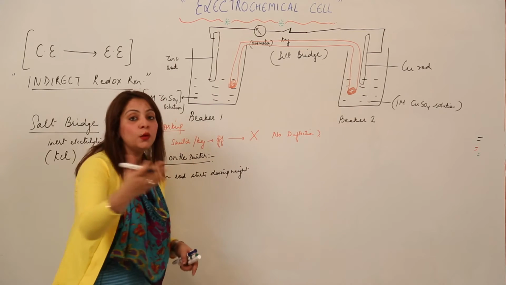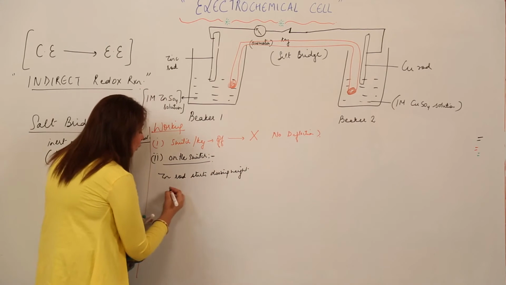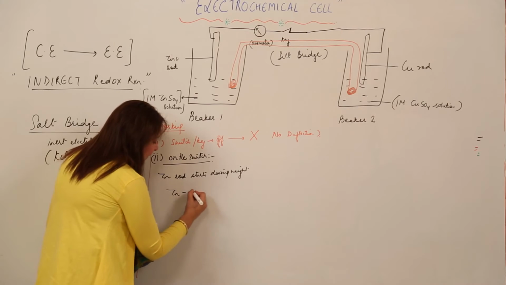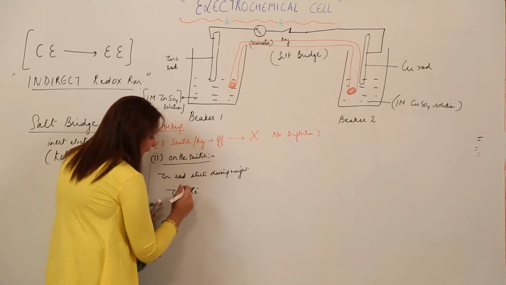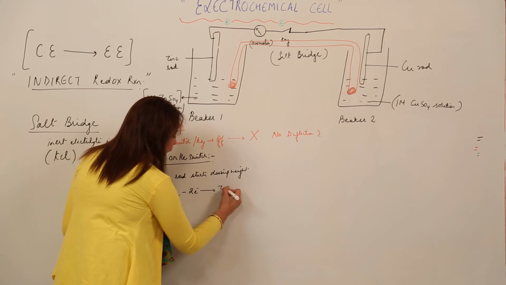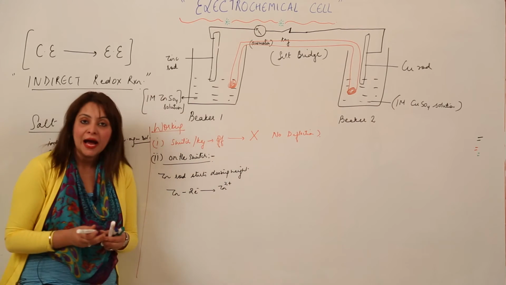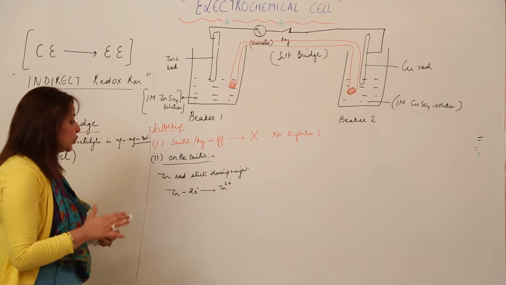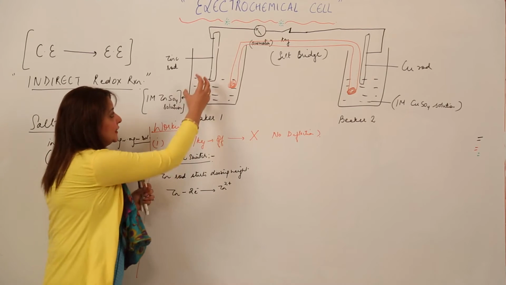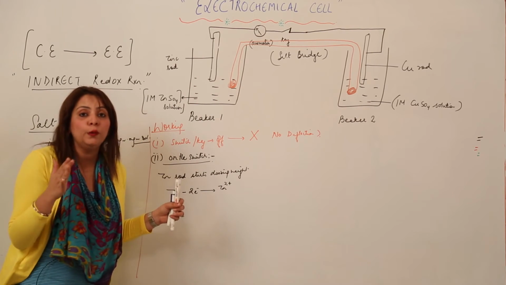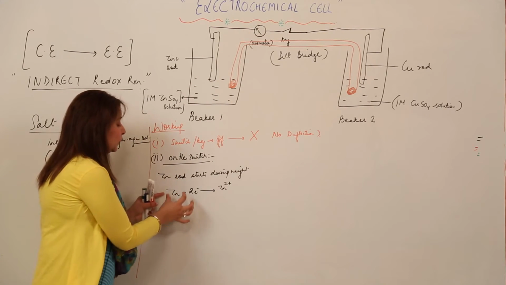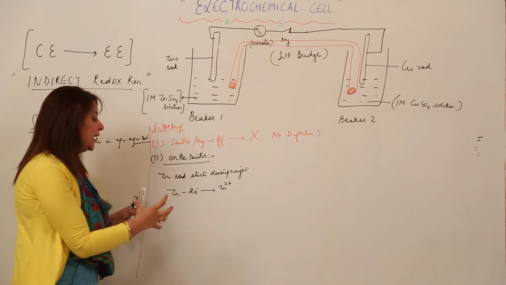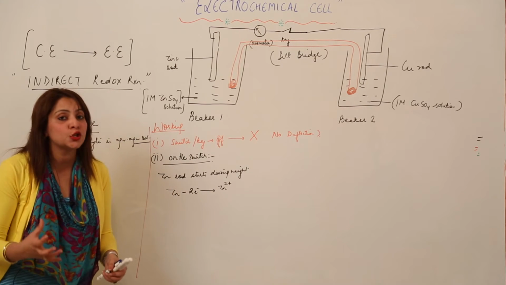Why is it losing weight? Because it is undergoing oxidation. The zinc atom is losing its 2 electrons and forming zinc ions, Zn2+, right? So the zinc rod has started losing its weight because it gets converted into ions, and along with that it is producing electrons.